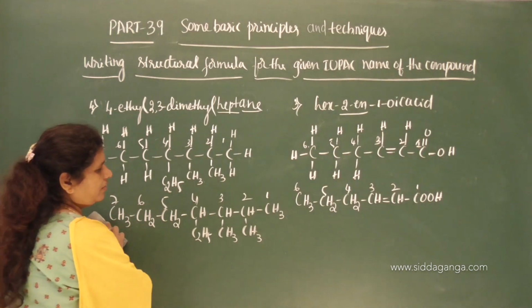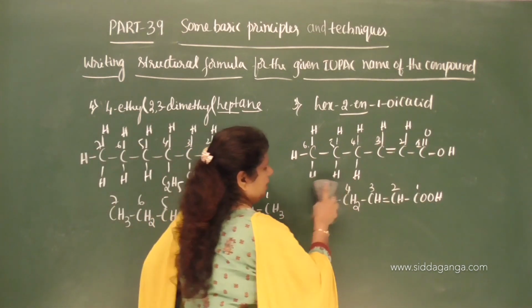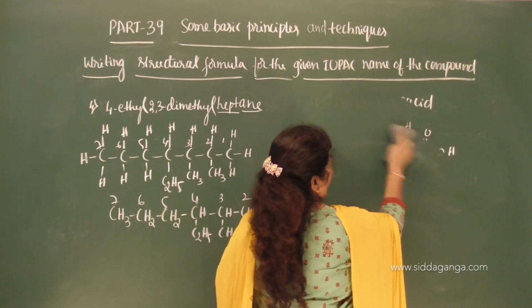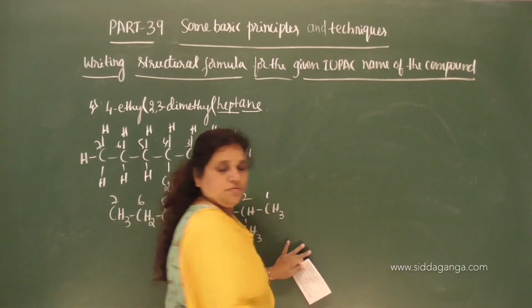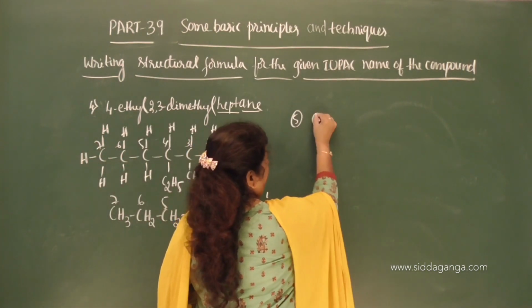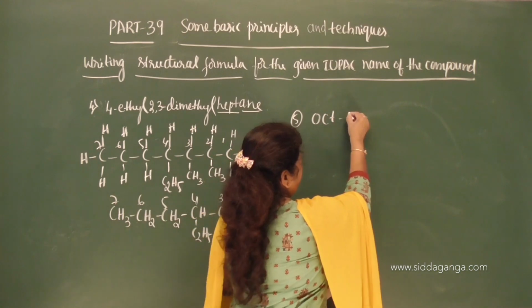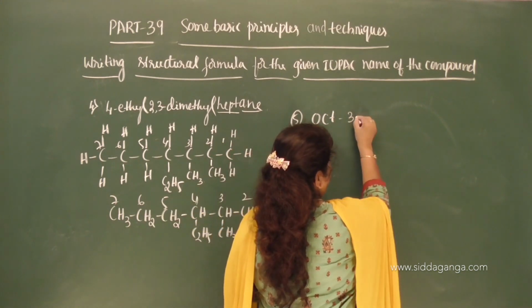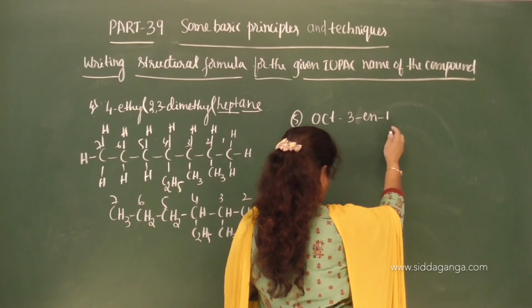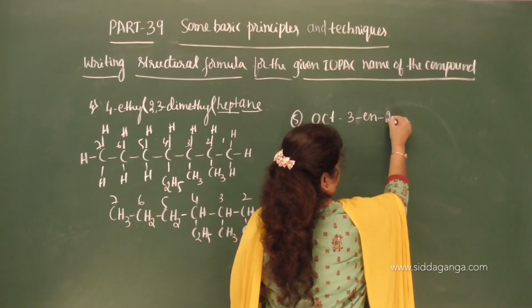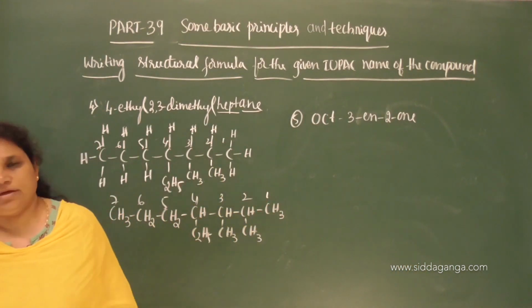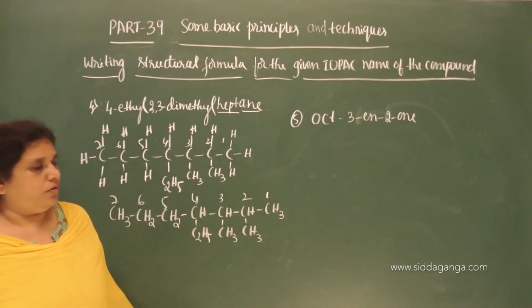Oct-3-ene, 2-one. Fifth example, fifth one: oct-3-ene-2-one.